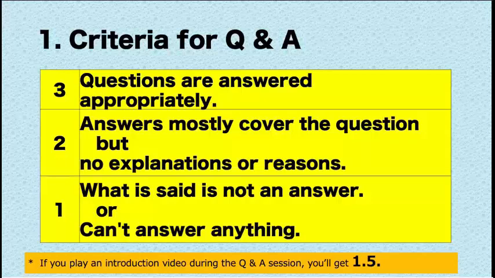If your answer is not related to the question, or you can't answer anything, your score will be 1. Some groups may be thinking to make a video clip, and if you play an introduction video during the Q&A session, your score will be 1.5.